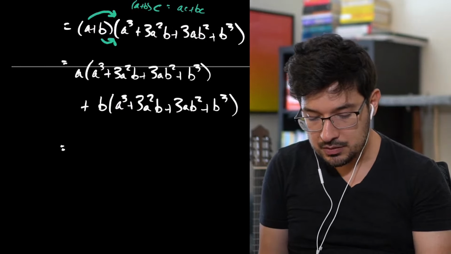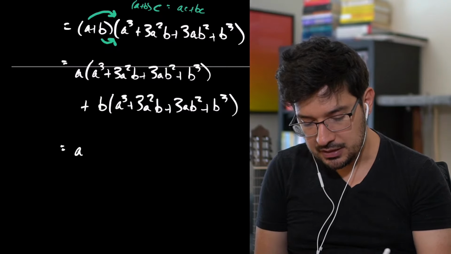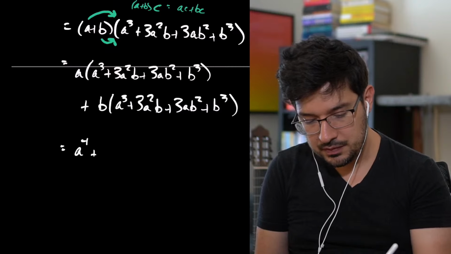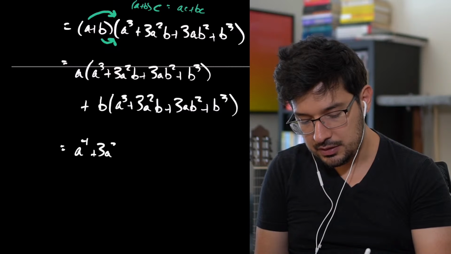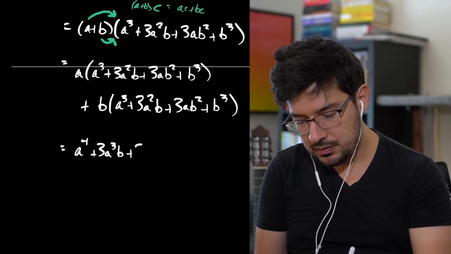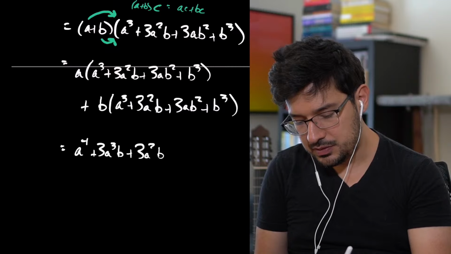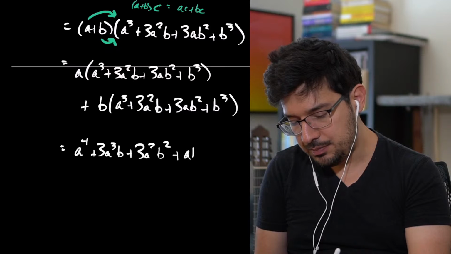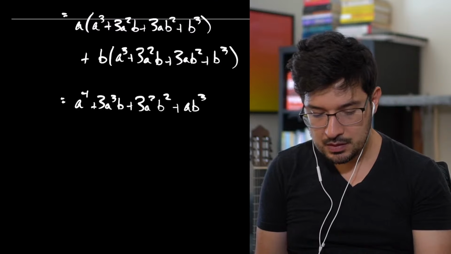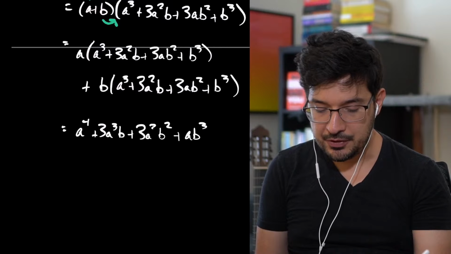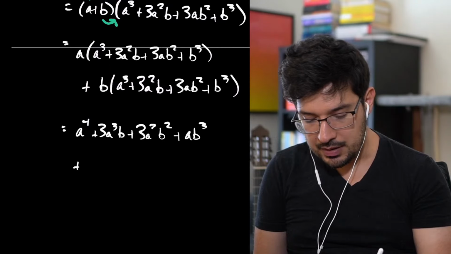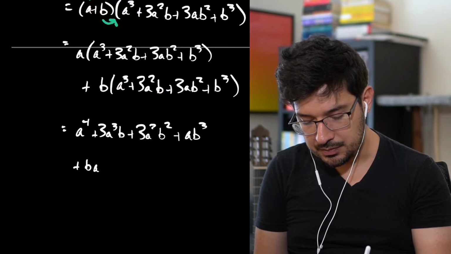Now I can apply distributivity to get a to the fourth, 3a cubed b, 3a squared b squared, ab cubed. I distributed a in the first term. Now we distribute b in the second term.